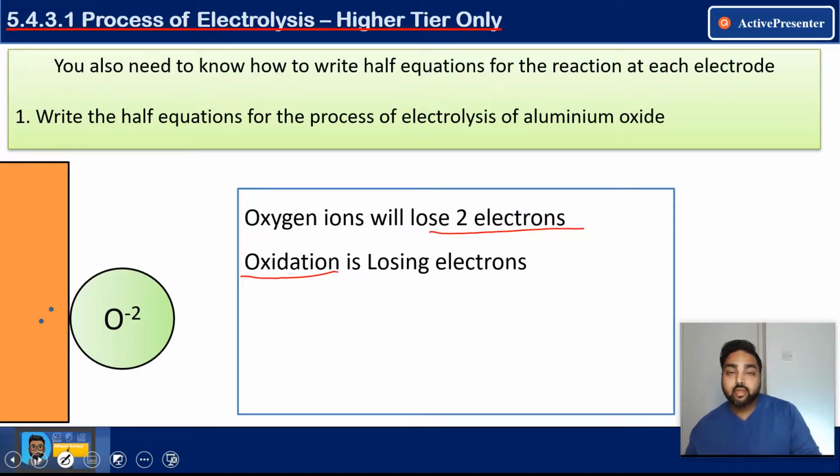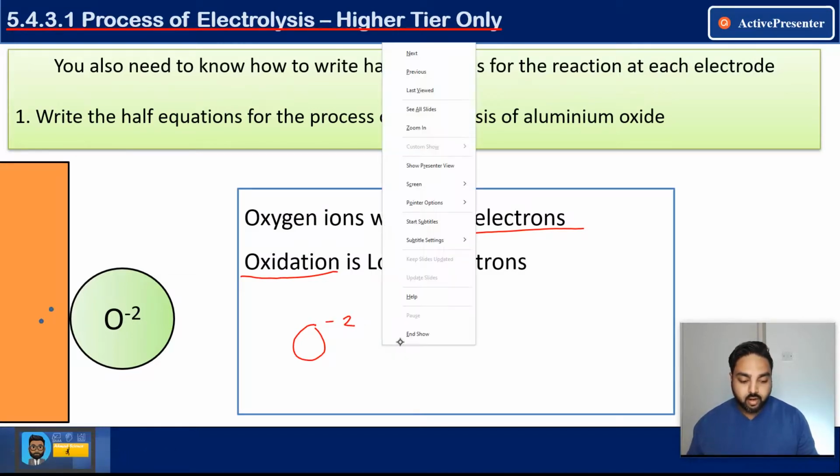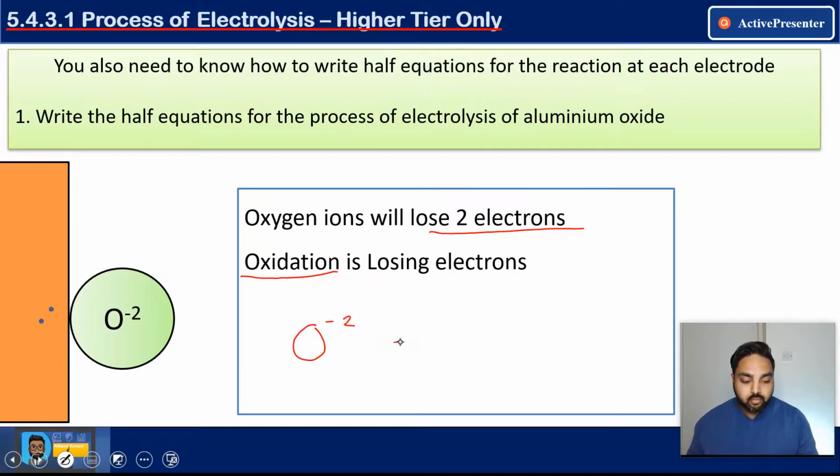So reduction describes gaining an electron. Oxidation describes losing an electron. So what's happening here? Well, I've got O 2 minus becomes an oxygen atom plus 2 electrons.